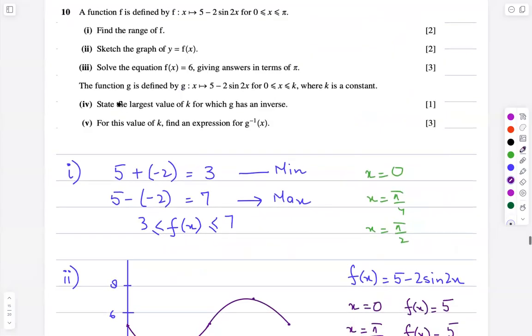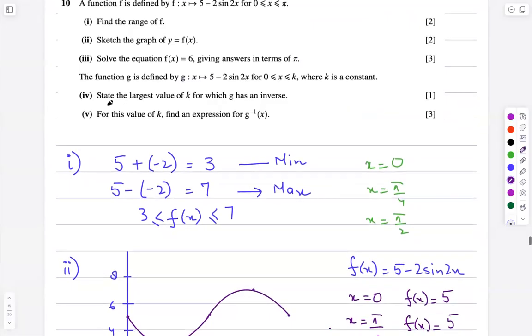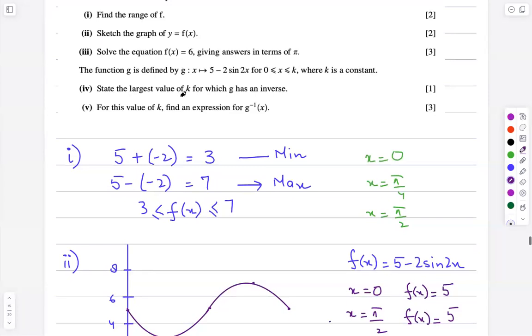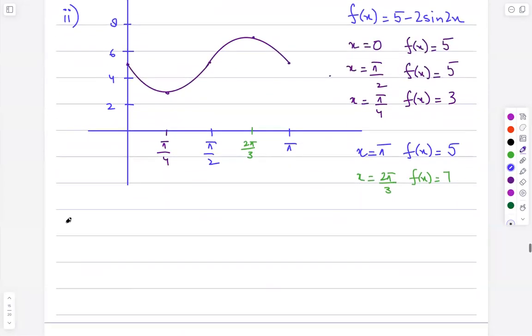Now in the next part, it says that the function g is defined by g of x is 5 minus 2 sine 2x for x from 0 to k, where k is a constant. It is asking us to state the largest value of k for which g has an inverse. So we know that g of x is equal to 5 minus 2 sine of 2x for x greater than or equal to 0 and less than or equal to k.